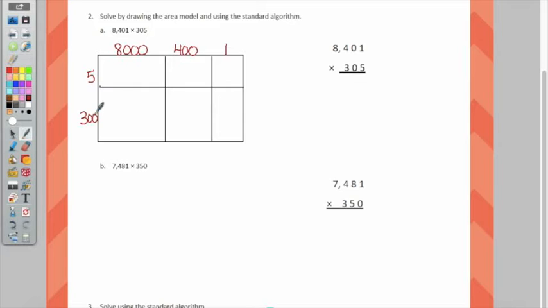Okay. So, highlight. We will do what we did yesterday, okay? You're going to wait for me when you get to the standard algorithm so I can talk you through your zeros.